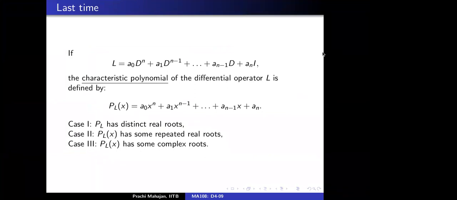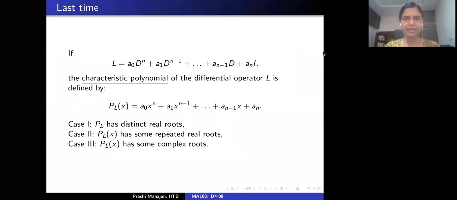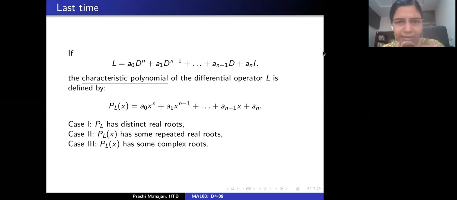So last time we began with our analysis of nth order linear differential operators with constant coefficients. We thought we will stick to the operator notation, and the way to solve these equations is to look at the associated characteristic polynomial.